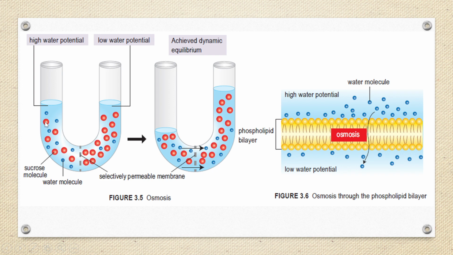If you count the sucrose molecules, 1, 2, 3, 4, 5, 6. Let's count over here, 1, 2, 3, 4, 5, 6. Same. So if you're asked in the questions to draw the outcome or the observation after 2 hours, you have to work smart by showing that these two regions now have an equal amount of water molecules, and please do not change the number of sucrose molecules from their initial region.